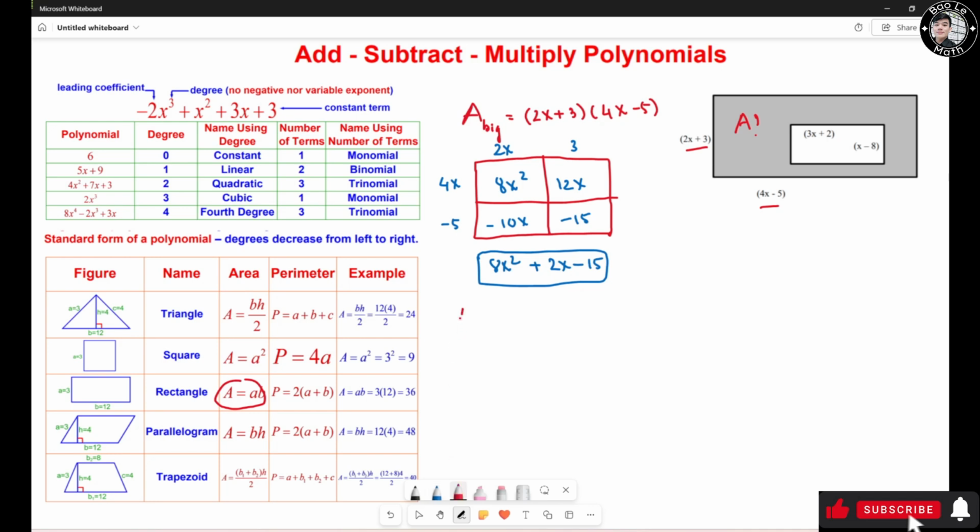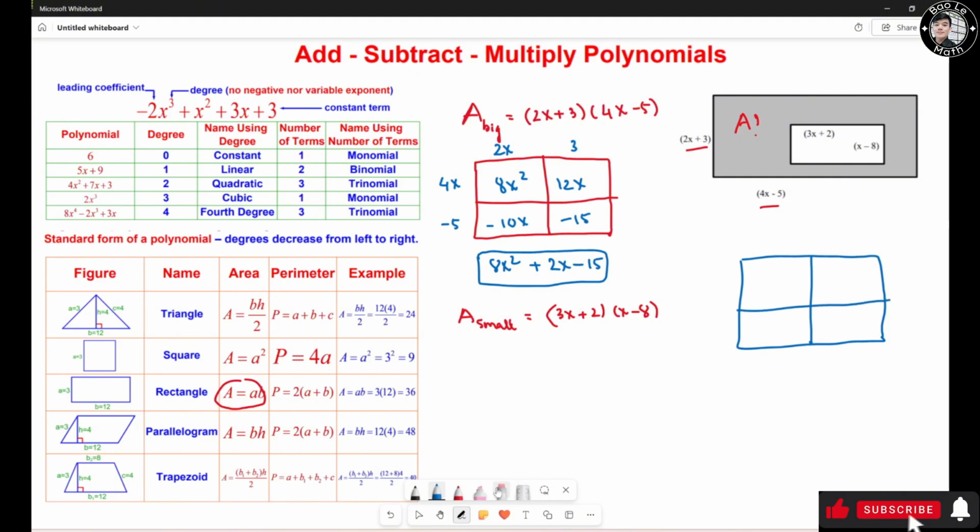Now, the area of the smaller rectangle is going to be 3s plus 2 times s minus 8, right? So we're going to use the box method again. Alright, so we're going to put 3s here, 2 here, and s right here, and negative 8 right here, right?